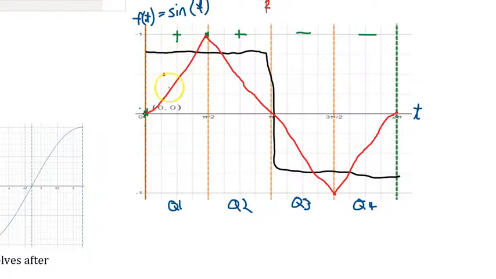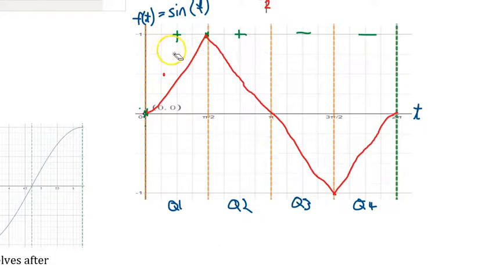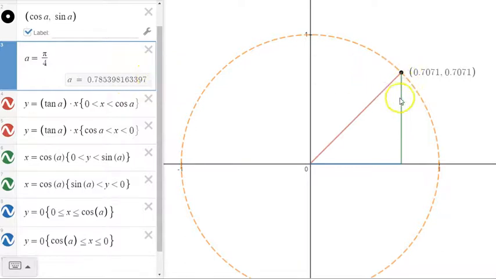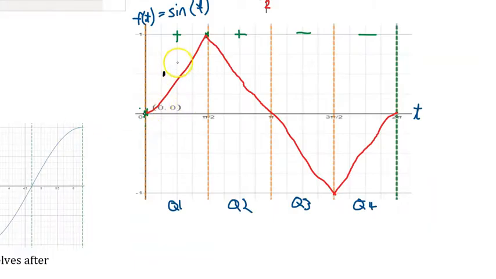Let's get rid of our black line here, and we'll go back to black. There. Now, let's say pi on 4. So halfway between, we're now at 0.7071. So jumping back, 0.7071.